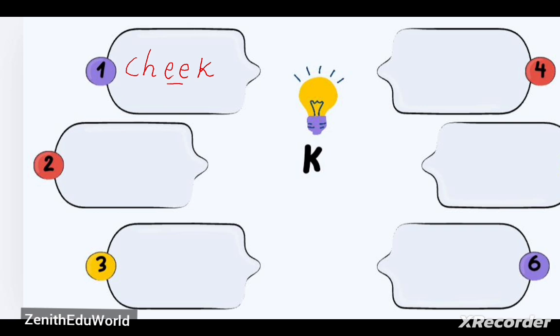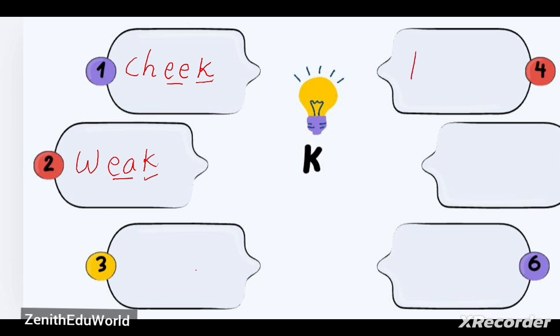Now here e makes a long vowel sound and so we have written k at the end of the word. Next example is w-e-k, week. Now here also ea makes a long vowel sound, that is e, and that is why we have written k at the end of the word.